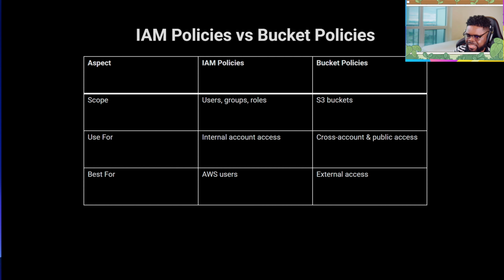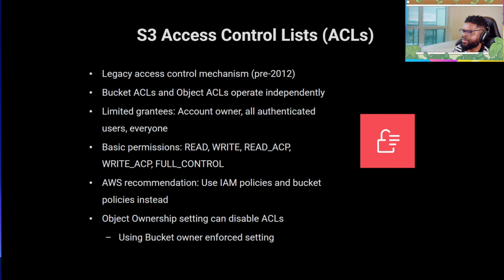Whether from the internet or from a different account. The best use case for both of them is really, one is for AWS users and the other is for external access. If you understand this concept, you will not struggle a lot with policies, because policies are something that people really struggle with when dealing with buckets especially. And you're going to see how it goes as time goes on.